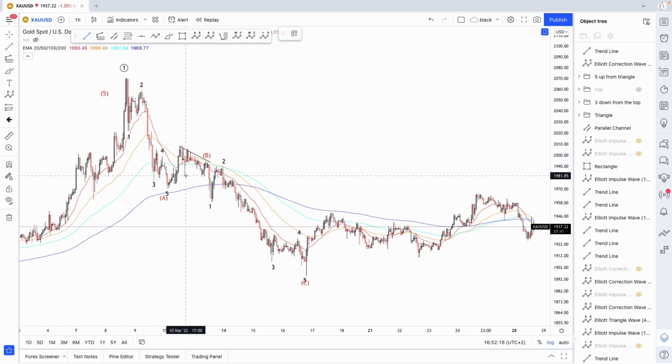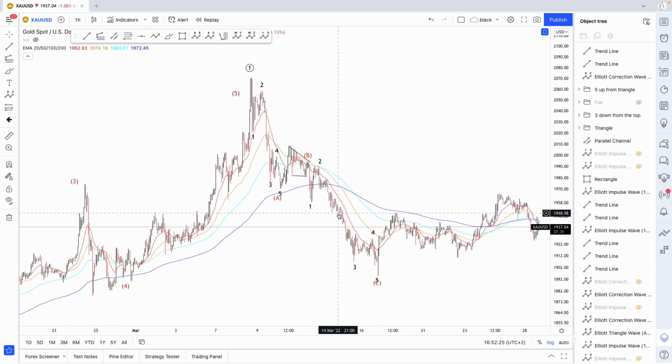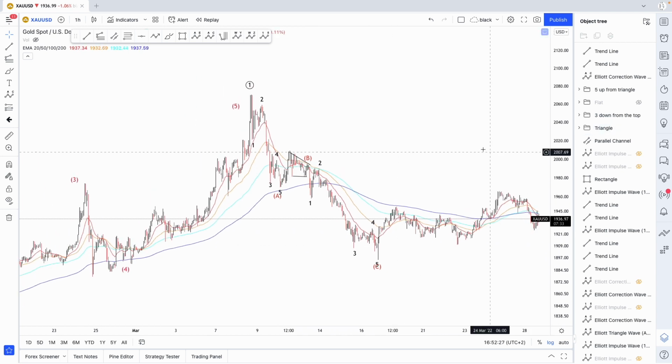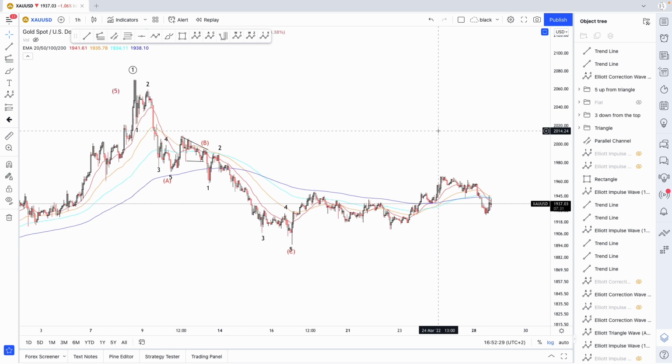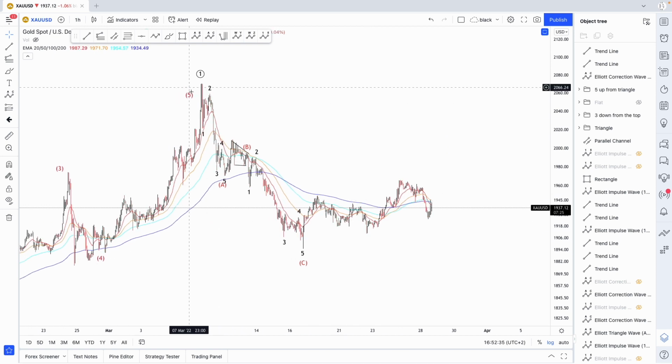Hope you agree with me. Let me know if you do or don't. And then 1, 2, 3, 4, and 5. So this actually does look like a 3-wave move. The problem is, let's assume this is a three-wave move.